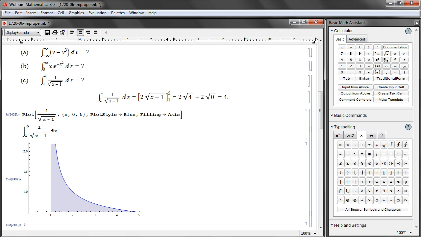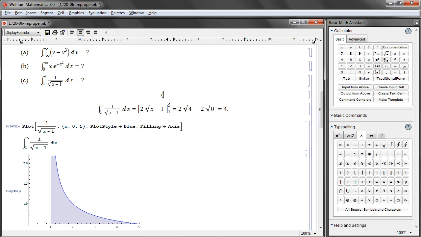So this function, this y equals 1 over square root of x minus 1 function, was valid in the interval (1, 5], and then this part was okay, but this part we had open, half open interval.